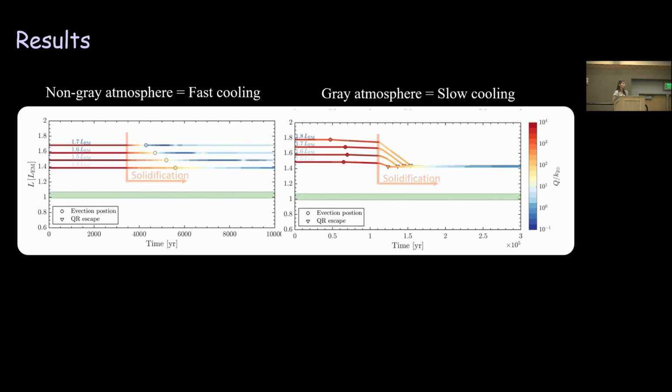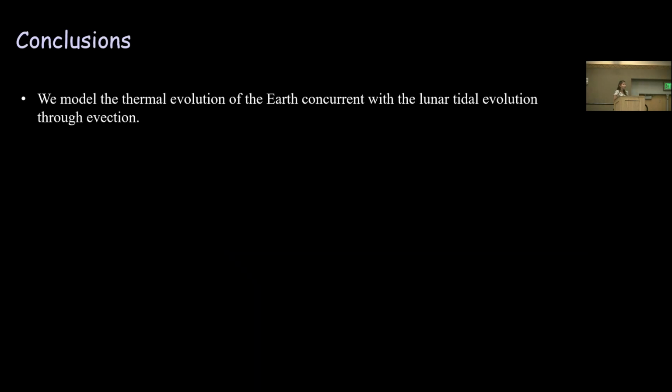And we have done this for different amounts of initial angular momentum. And consistently, we see that even if you get captured into evection, the angular momentum that you removed is limited.